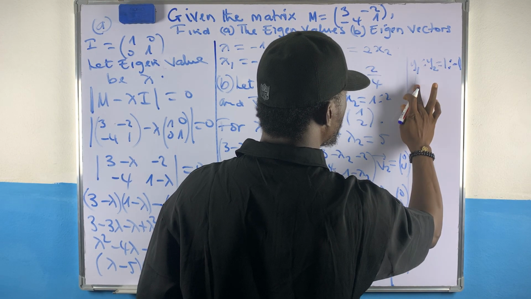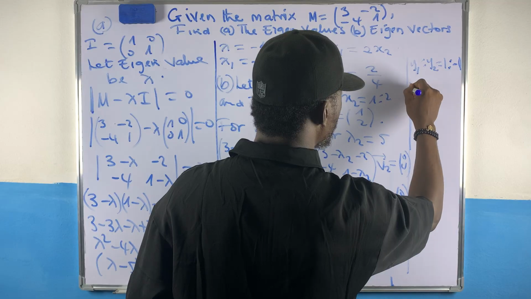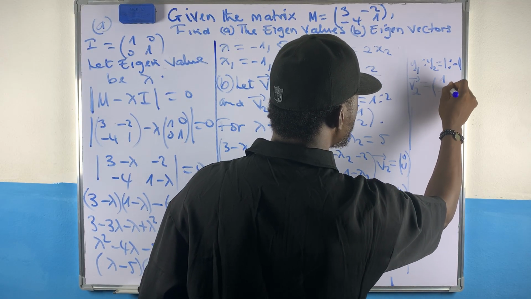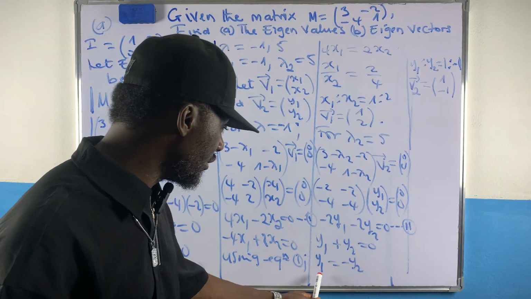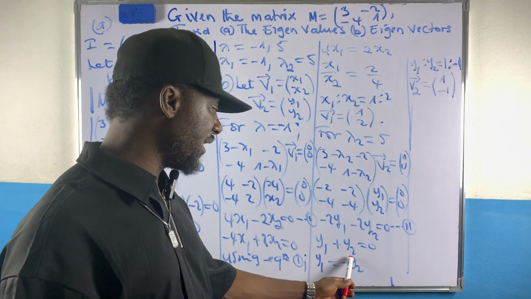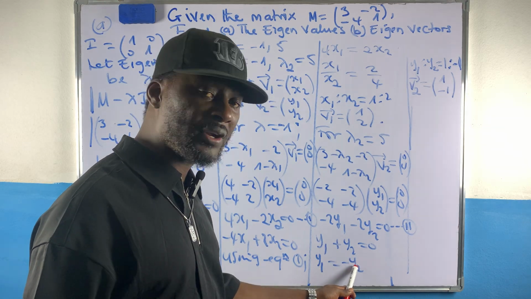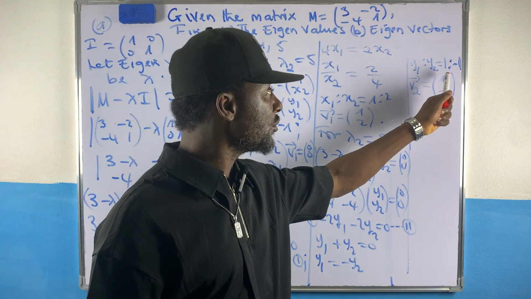So it means my v2 eigenvector will just be 1, negative 1. Because 1 unit of this corresponds to negative 1 unit of this other guy. That is why the eigenvector is 1, negative 1.